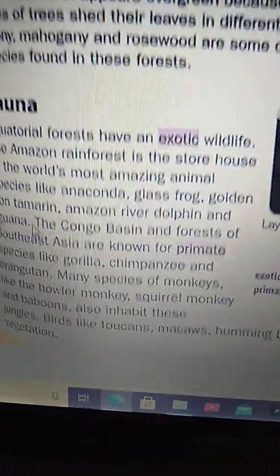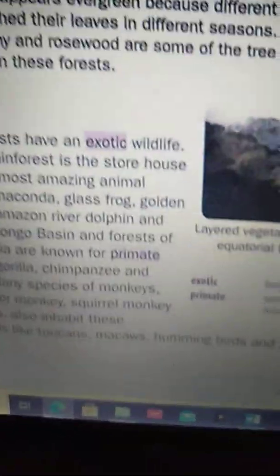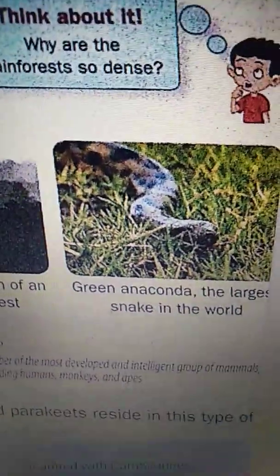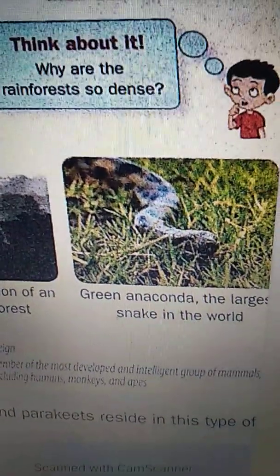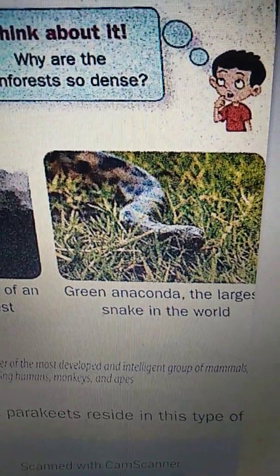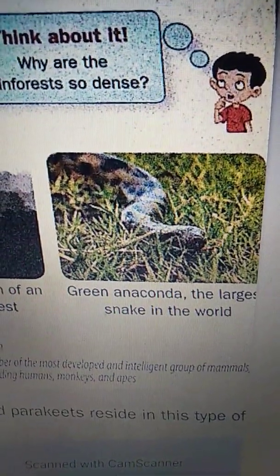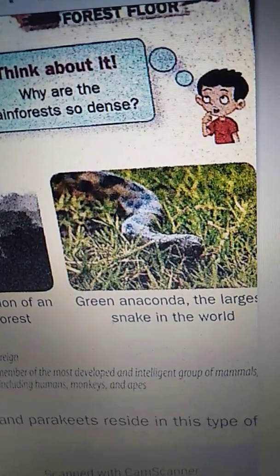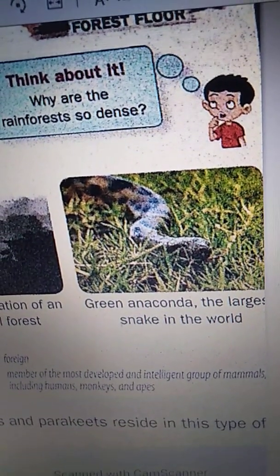Storehouse means the permanent house for these animals. We can see the green anaconda, the largest snake in the world.